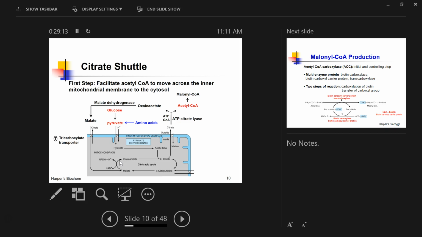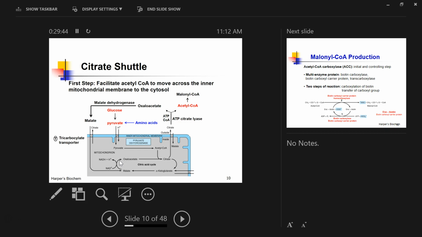And this is, again, the mitochondria and the TCA cycle, right? And I just put in a more complete connection to the glucose and amino acids. So both glucose and amino acids can be metabolized to pyruvate, and pyruvate then enters the mitochondria, right, for further oxidation.